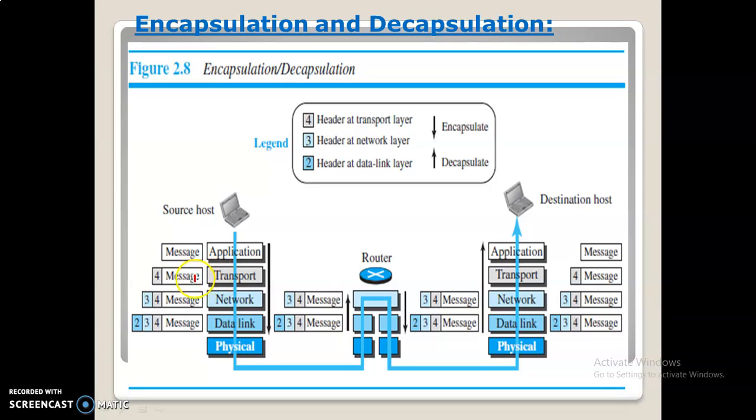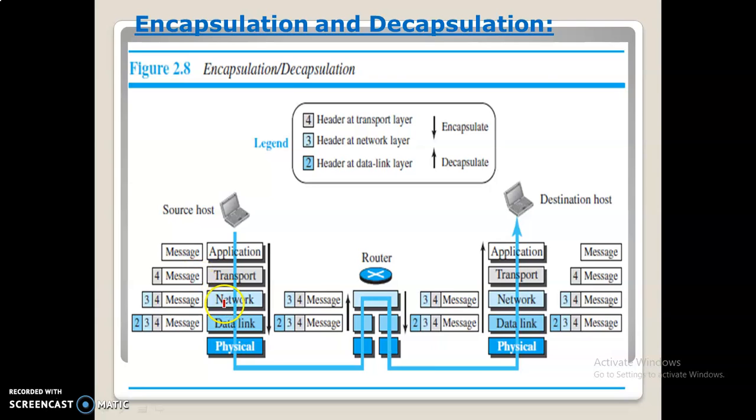The transport layer adds a header to the message. The message is otherwise called the payload. The header contains the source address and destination address of the packet. In the transport layer, the message is called a segment or user datagram.